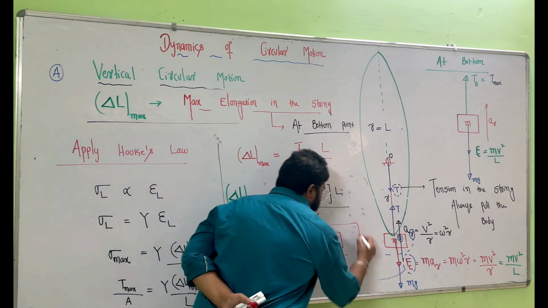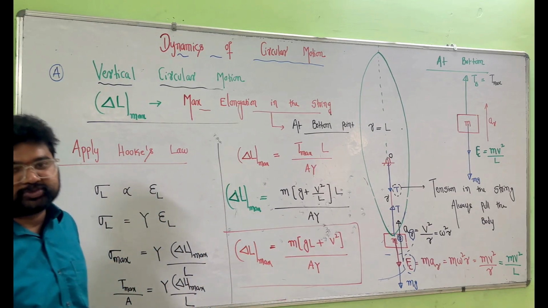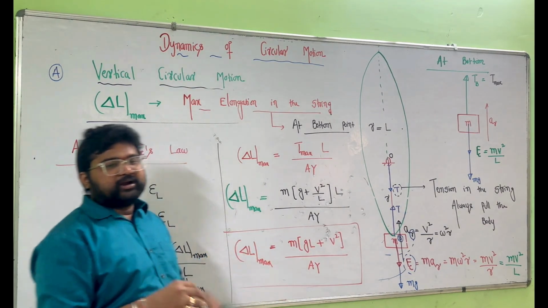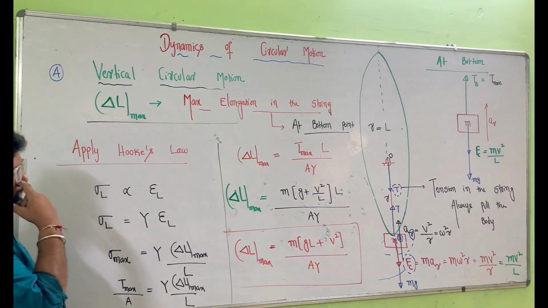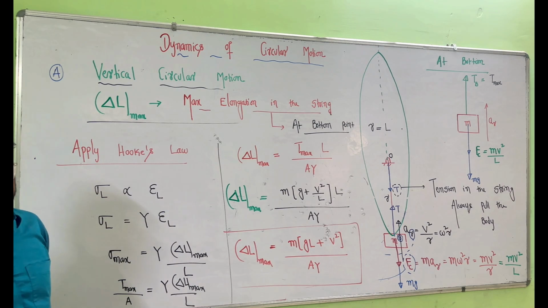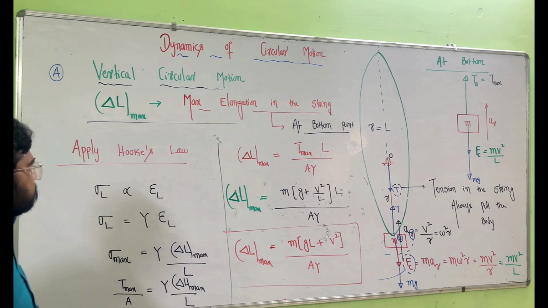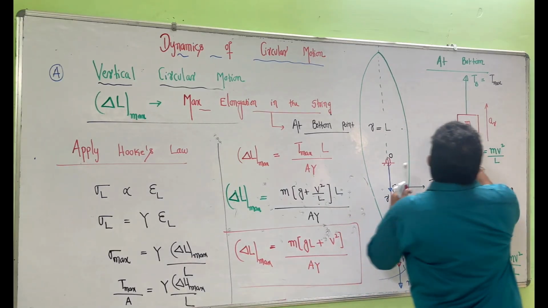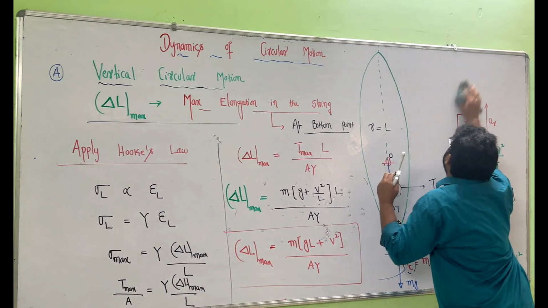This is the way to apply dynamics at the bottommost point when the particle is in vertical circular motion. Now coming to the topmost point, when the point mass is at top, we need to draw the free body diagram.